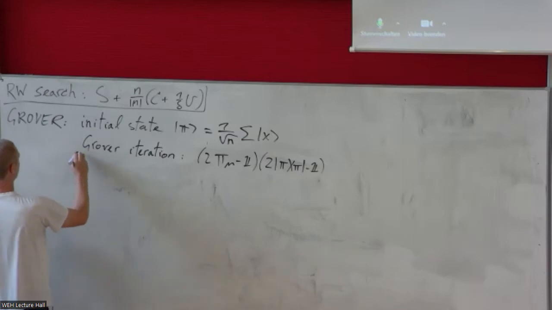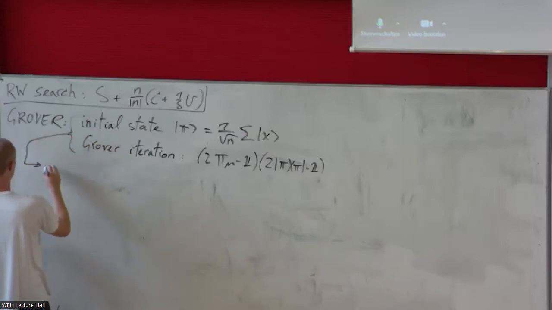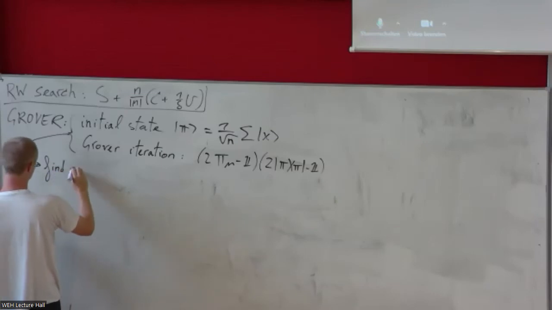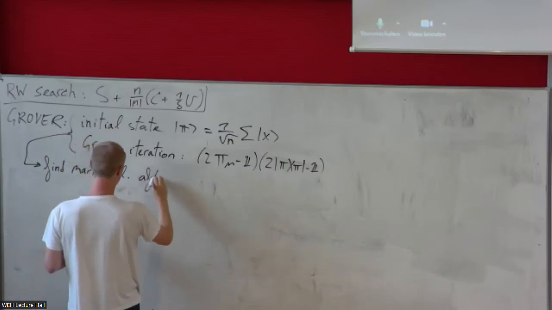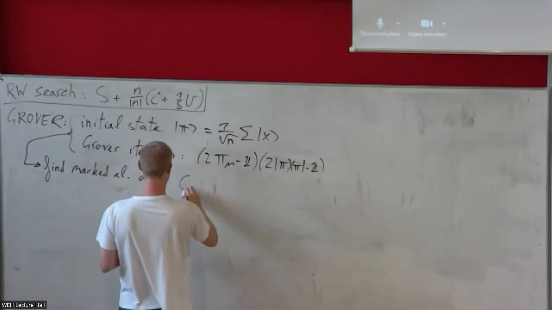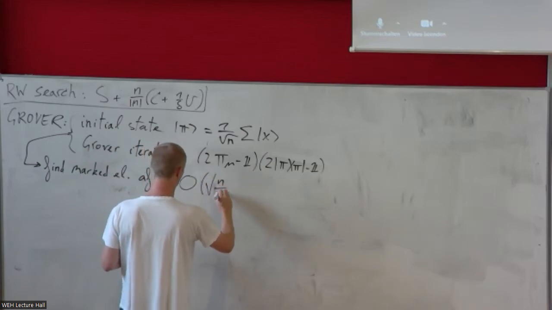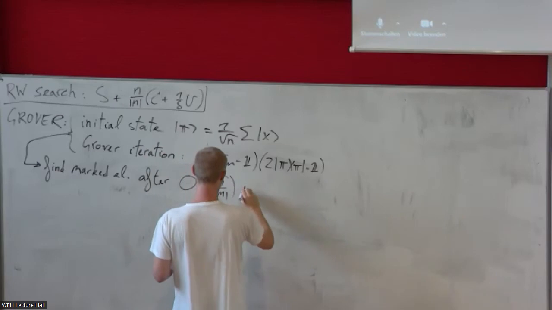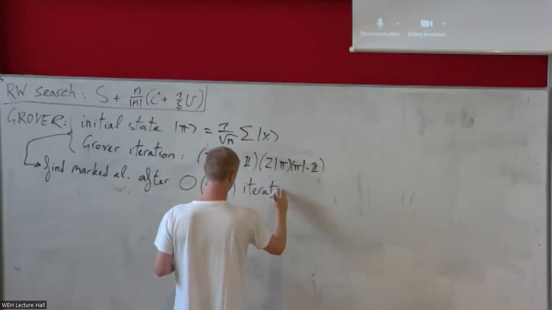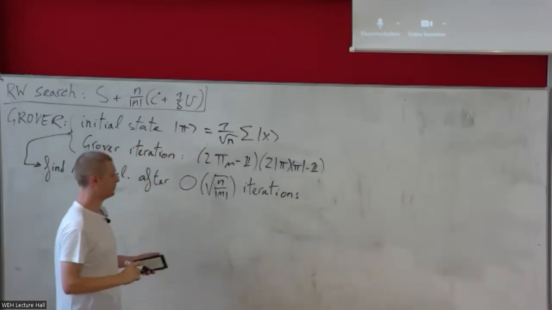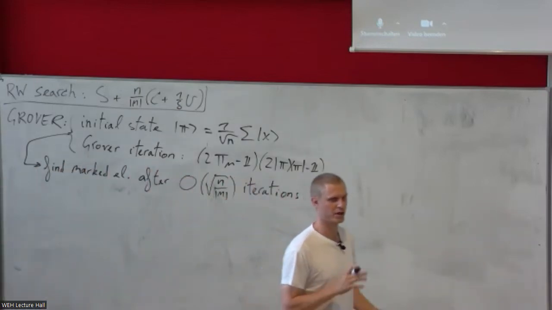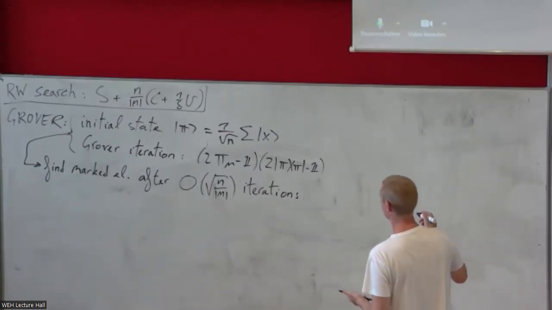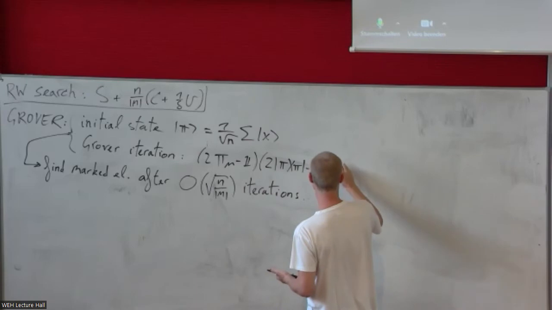And what we know is that by combining these, we find a marked element after order root n over m Grover iterations. Okay, so that's the algorithm. We're assuming that we know m, but again, as Ronald mentioned, you can deal with it even without knowing m. And let's look at the total cost of this thing, right?